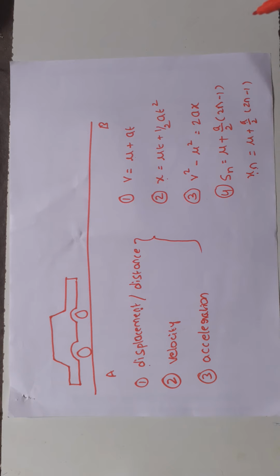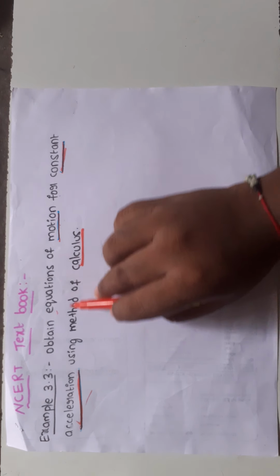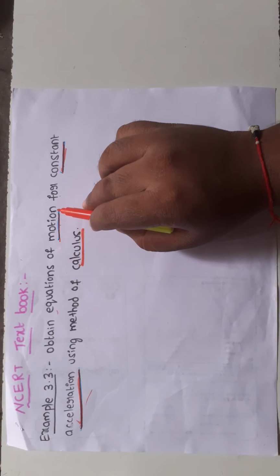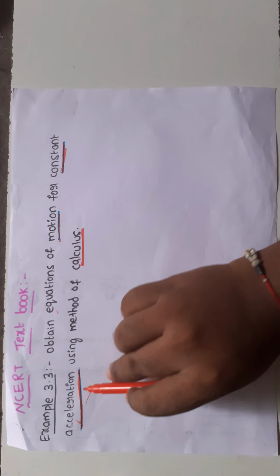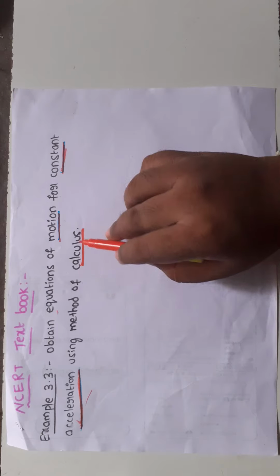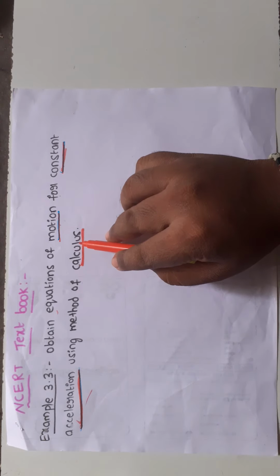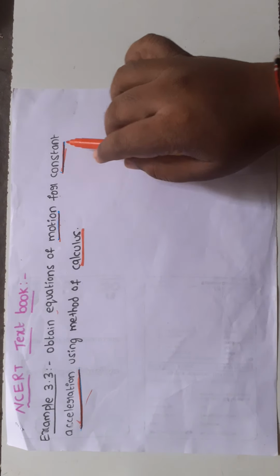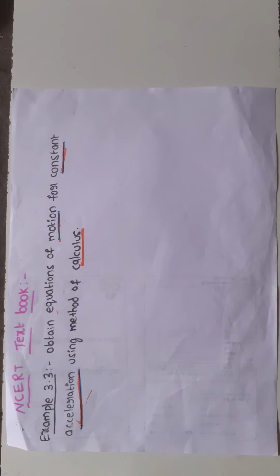Calculus method, with the condition of constant acceleration. Okay, that is our question: obtain equations of motion for constant acceleration using the method of calculus. Using the calculus method, we are deriving the four equations. The condition is constant acceleration. Okay.